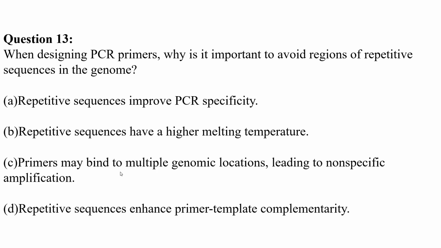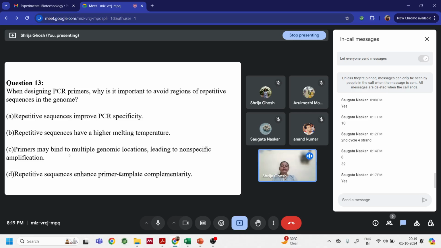Option C, primers may bind to multiple genomic locations leading to non-specific amplification. And option D, repetitive sequences enhance primer-template complementarity. What would be the correct answer for this? Anyone knows the answer?